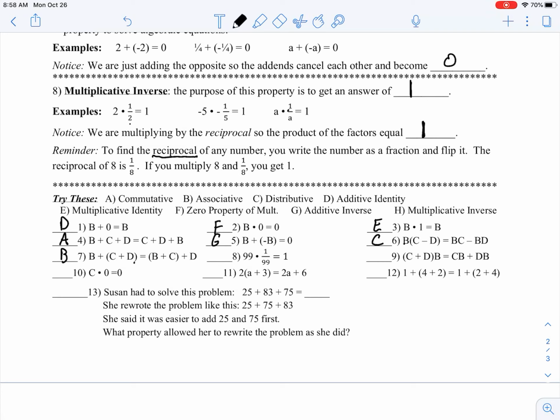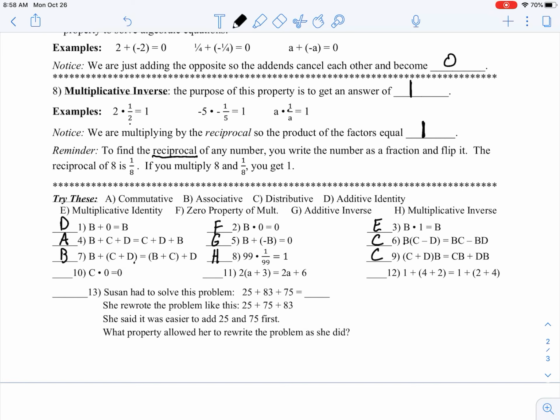We are multiplying by the reciprocal of 99, which is 1/99th, to get 1. So when we multiply things to get 1, that is the multiplicative inverse. Once again, we're multiplying b times both things in the parentheses here, so that will be the distributive property once again.